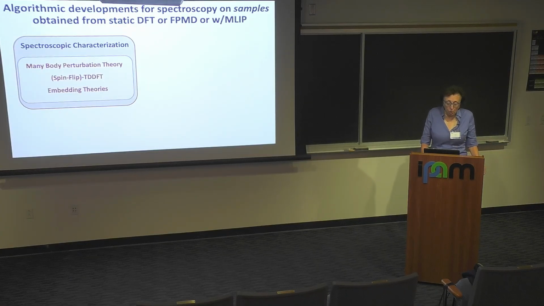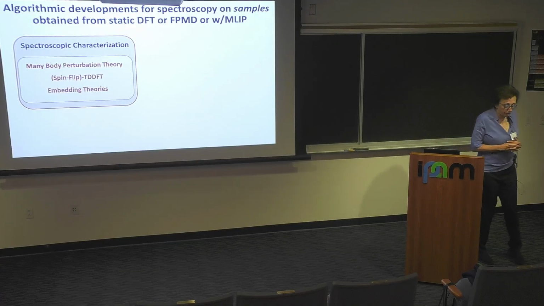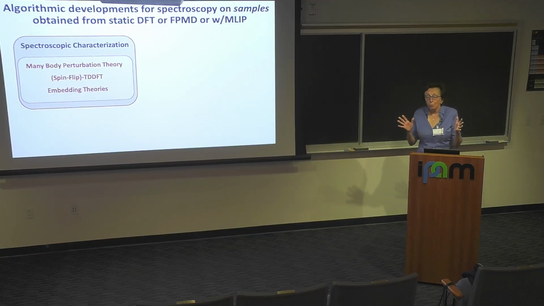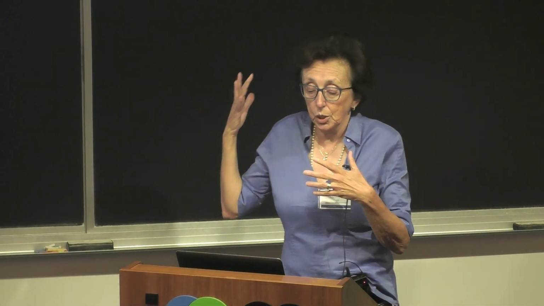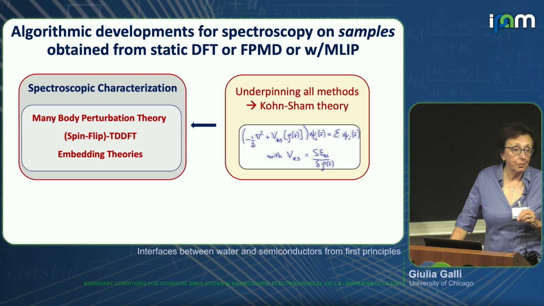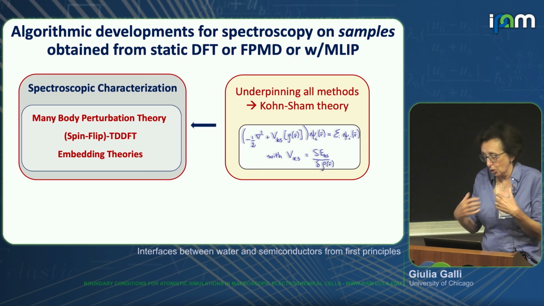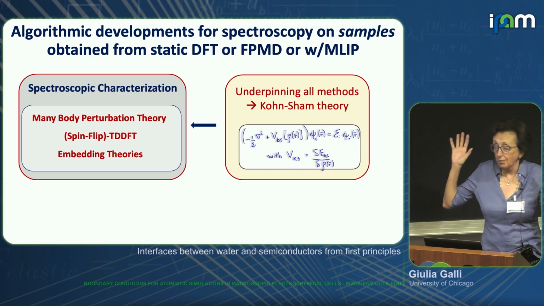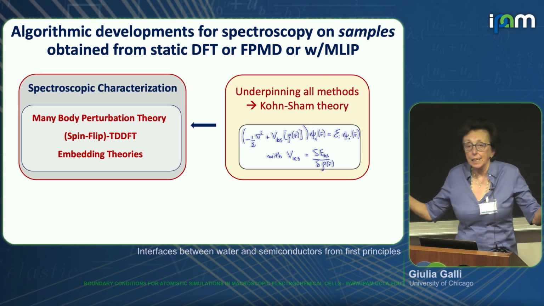Okay, so one thing that we all know, but it's better not to forget, is that whatever you do, when you say we do calculation beyond DFT, we do calculation at a very high level of theory, all calculations that you do have DFT as input, okay? I don't know any calculation done at a very high level for realistic systems that doesn't.